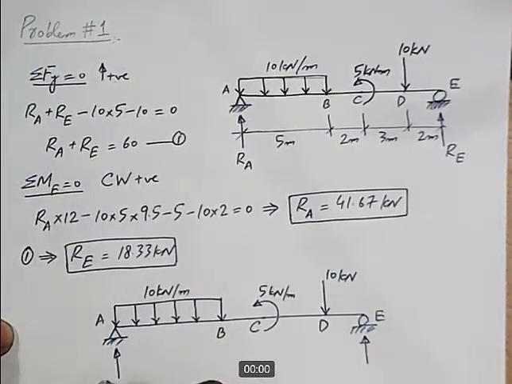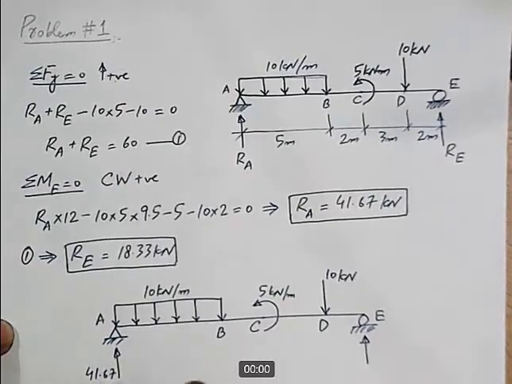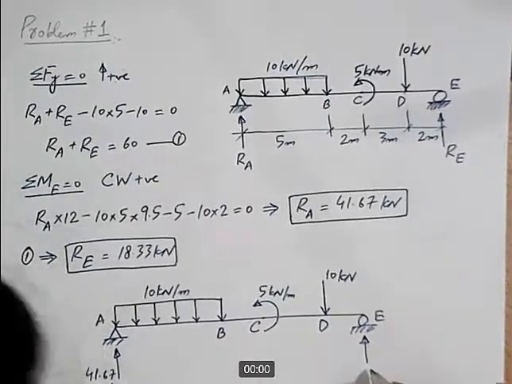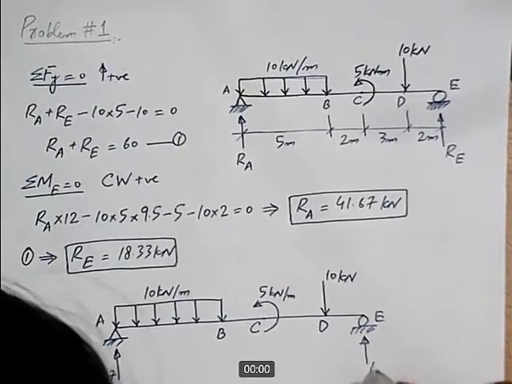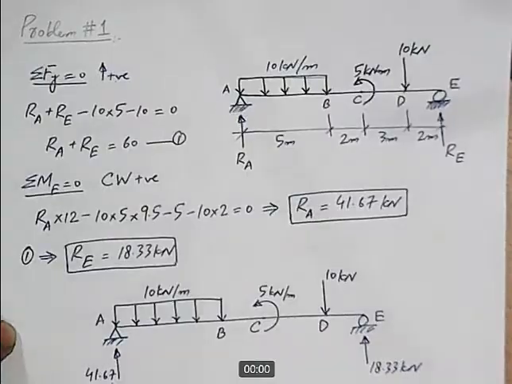RA is 41.67 kilonewton and RE is 18.33 kilonewton.